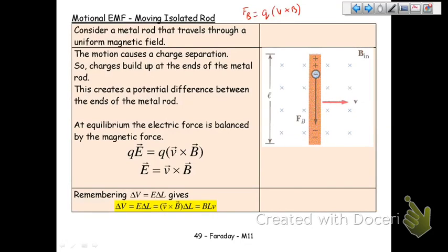So if we point our fingers towards the right, and then curl our fingers down into the page for the B, V cross B, then our thumb points up the page, and so we'll get a collection of positive charges at the top end of this aeroplane wing. And by analogy, we must be driving a whole bunch of negative charges to the bottom end of the aeroplane wing.